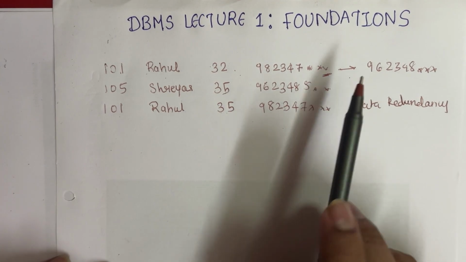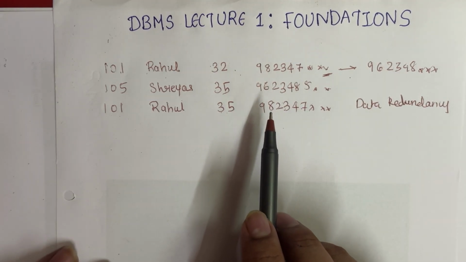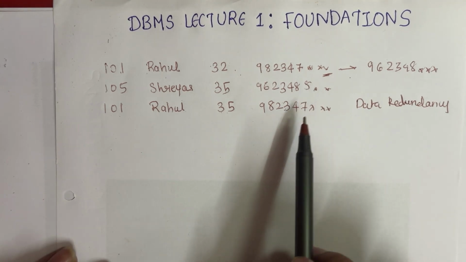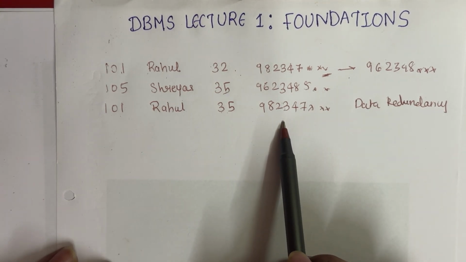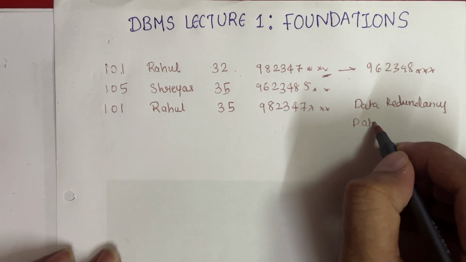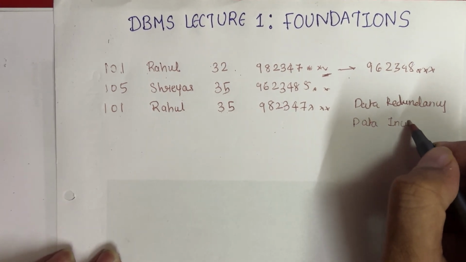Now, traditionally, if a hostel warden goes and checks, he might update only the first one, and the rest may remain the same. So this leads to a second major file system bug, which is data inconsistency.